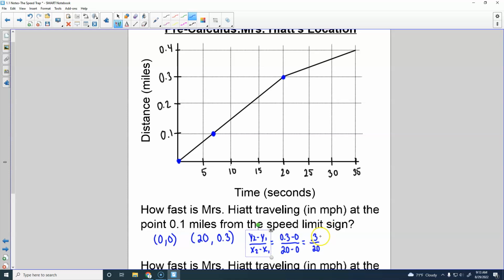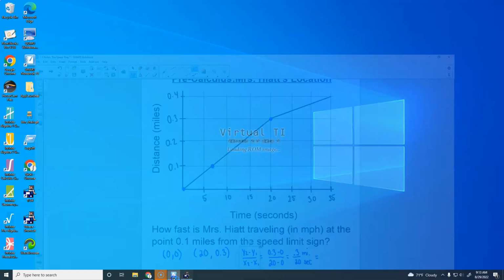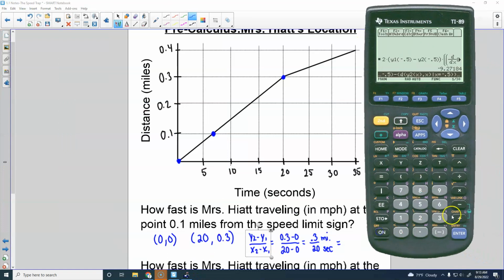Now, that 0.3, what am I measuring that in? Miles. And the 20, what is that measured in? Seconds. So, if I take my calculator and do 0.3 divided by 20, I get 0.015.